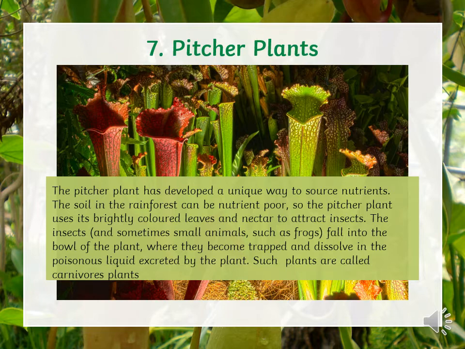The insects, sometimes small animals, even frogs, you have tree frogs in rainforest, fall into the bowl of the plant where they get trapped and they get dissolved by the poisonous liquid that is formed by the plant. Such plants are called carnivorous plants or meat-eating plants or insect-eating plants. These are called pitcher plants.